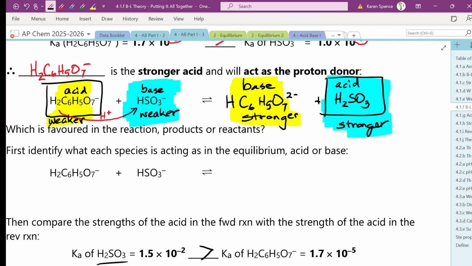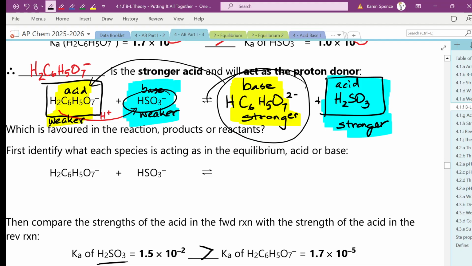So who is favored? Reactants or products? Reactants are favored, and that's because H2SO3 is better at giving away protons, so it becomes HSO3 negative, so you end up with more HSO3 negative. HC6H5O7 2 minus is better at grabbing protons, so it will turn into its conjugate acid more, so you will end up with more of that.